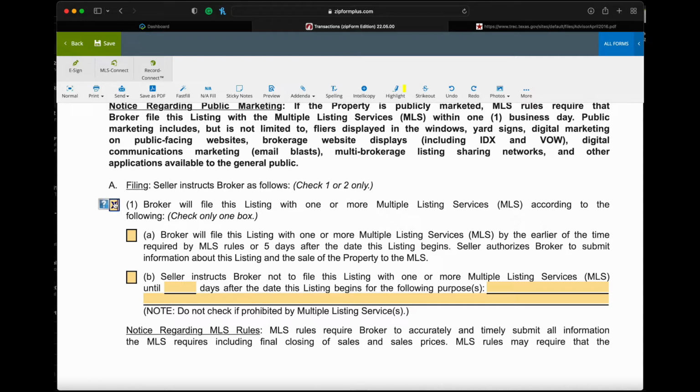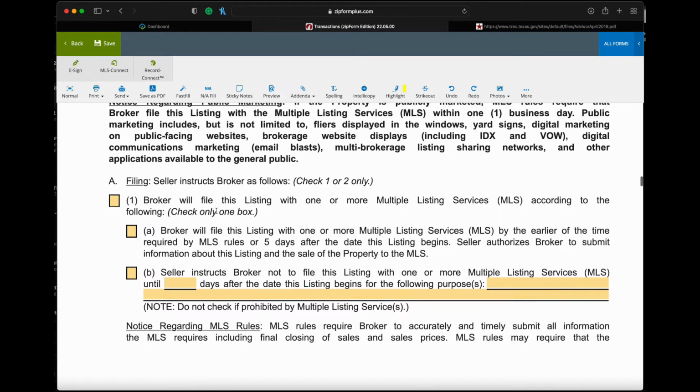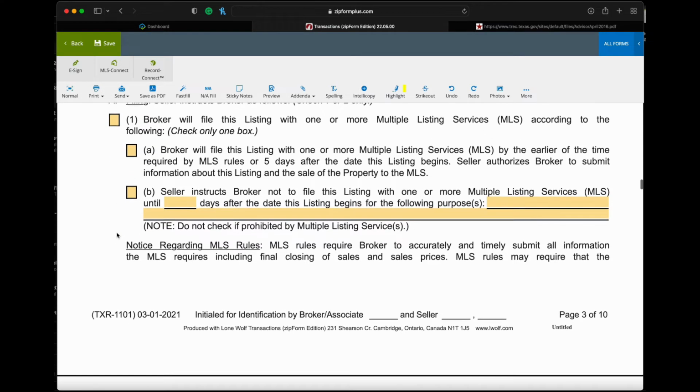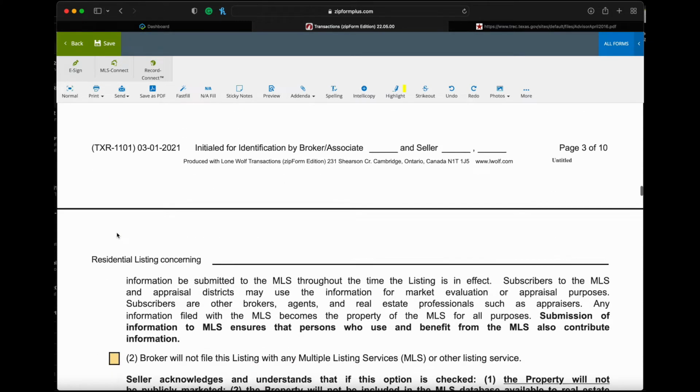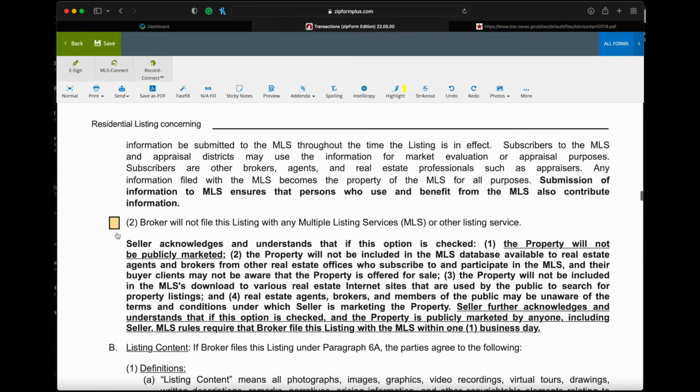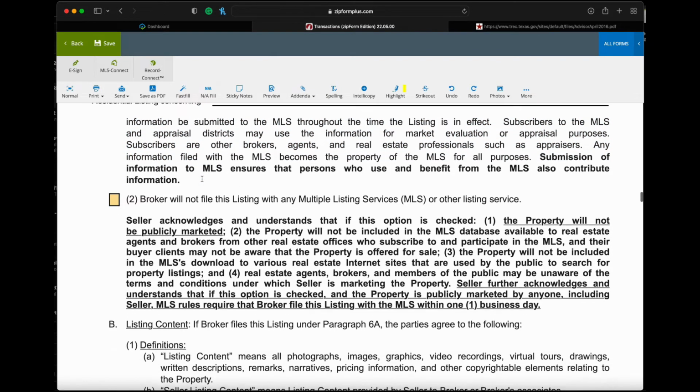Some agents don't put it out there and are just hoping to get some activity off their sign, which typically does work. But you did tell your seller that you were going to list it on MLS, and if you're not, that can be considered a pocket listing, and that is deceptive. It goes against the Real Estate Act, and your license can be severely disciplined by the state. So do keep that in mind here.